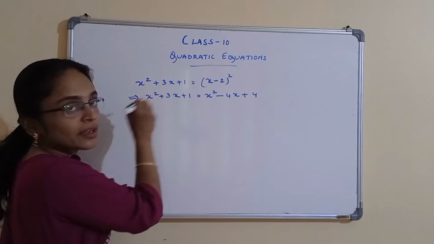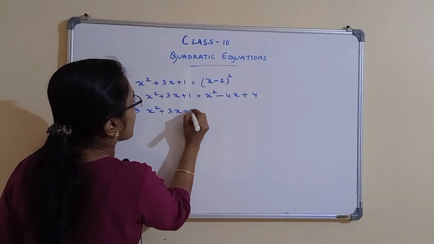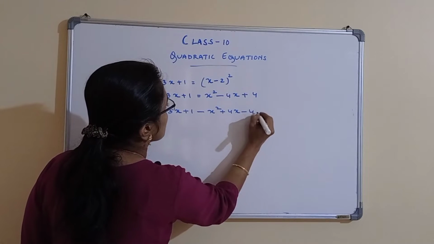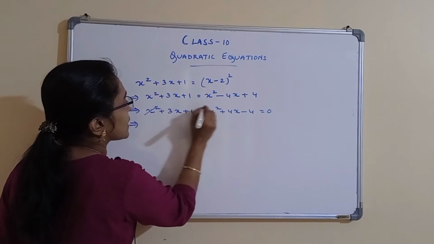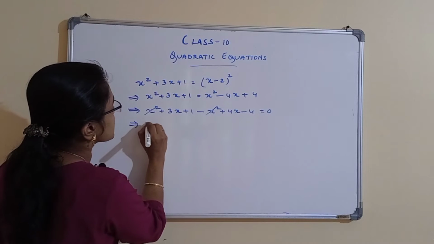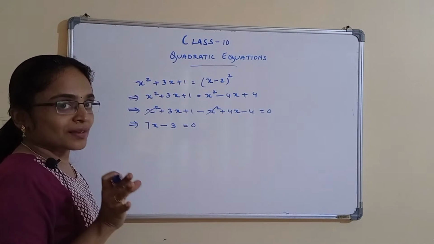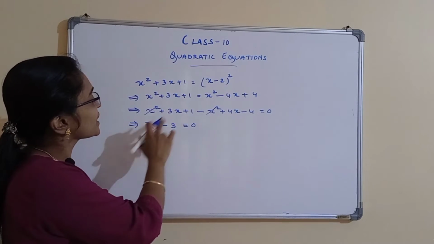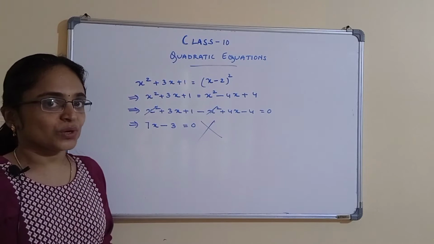Bringing this to the left hand side, we have x² + 3x + 1 − x² + 4x − 4 = 0, which implies the x² and −x² will get cancelled. 3x + 4x is 7x. So 7x − 3 = 0. Is this a quadratic equation? No, because the x² term is not there. So this is not a quadratic equation.